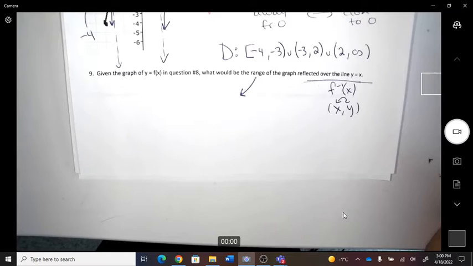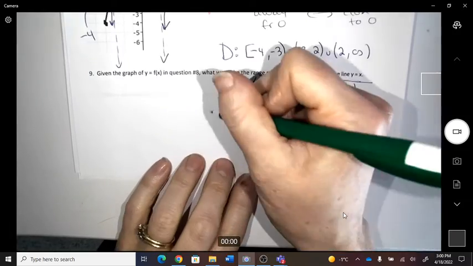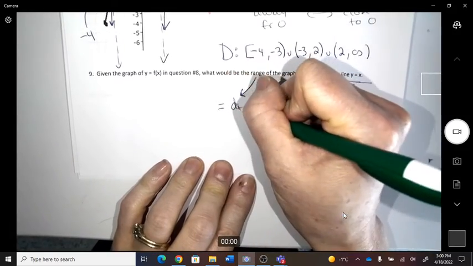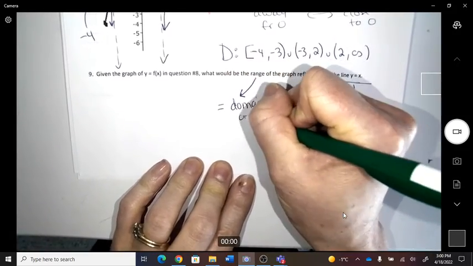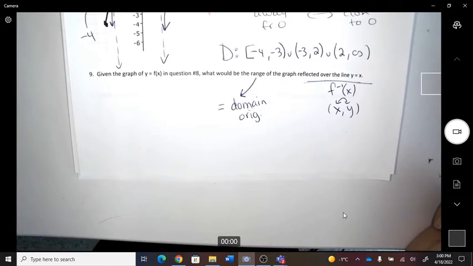What's the range of that? So what do I know about the range of that? It will equal the domain of the original. Does that make sense? Do you remember that? The y values, once you've done it, were the original x values because you flip-flopped the x and turned the x stuff into the y stuff.